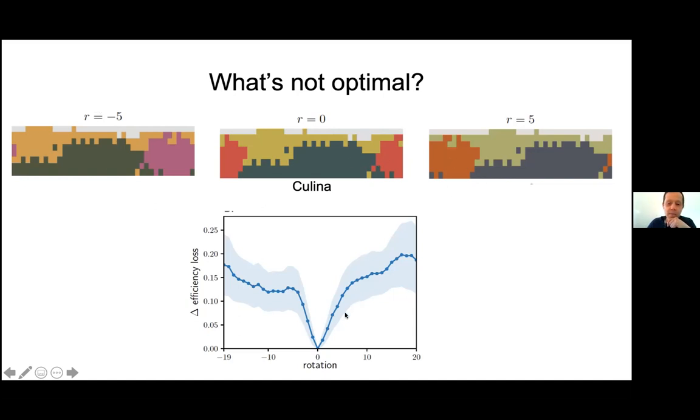And Noga went off and analyzed all of these rotated systems. This plot I'm showing you is based on data across the entire World Color Survey. On average, the actual attested systems, those at rotation 0, are more efficient, more optimal than the rotated versions of the systems.